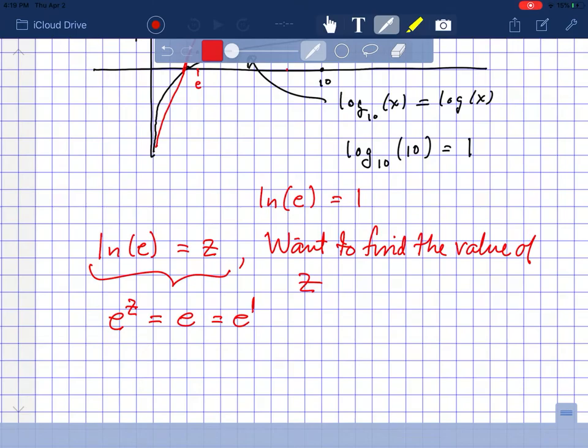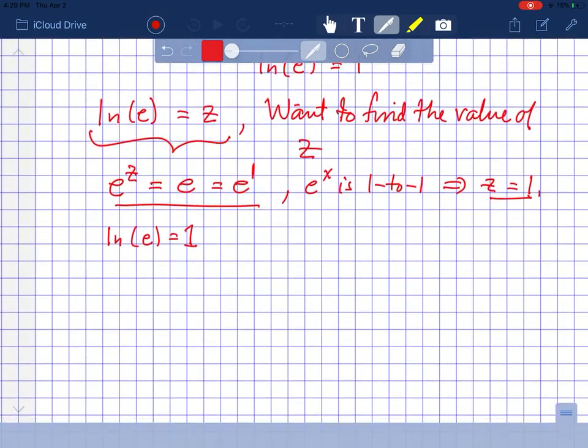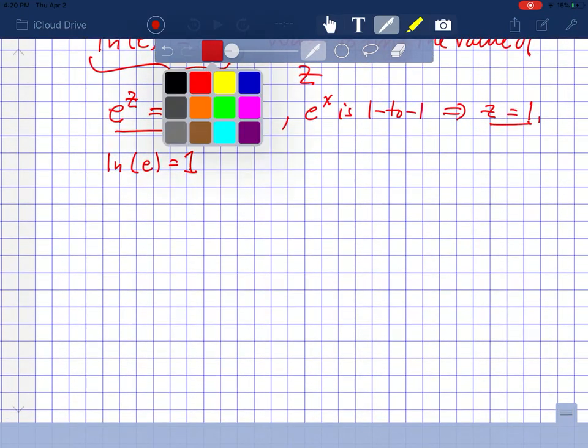And e is equal to e to the 1 power. Since the exponential function is 1 to 1, this implies that z is equal to 1. Okay? So from here, we find that z is equal to 1. So that means that the log of e is equal to 1.